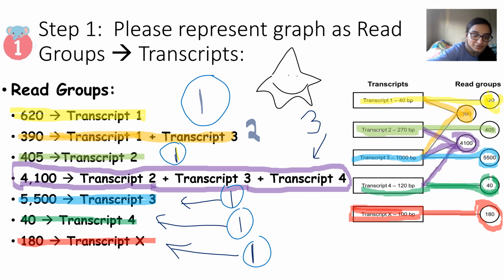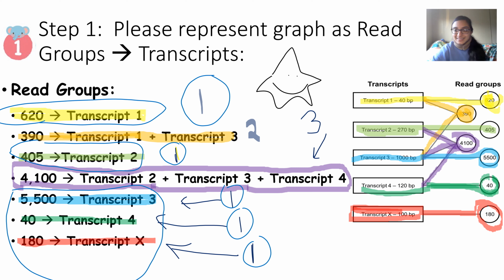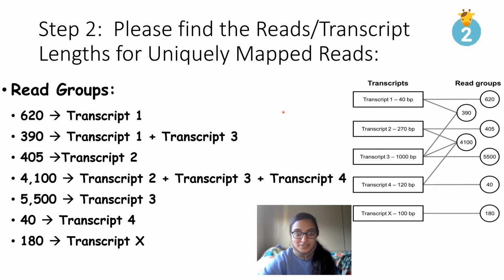So we're going to focus on these, on this one over here and this one. I'm going to do it in a neater fashion on the next slide. Not that great at this, guys. Still not that good. So what we're going to do here is find the ones that only mapped to 1 of the transcripts.